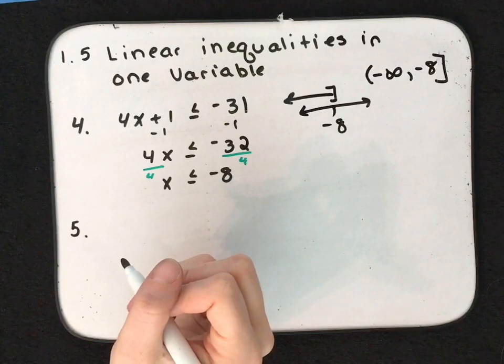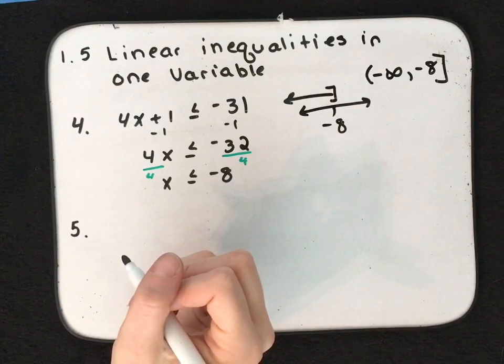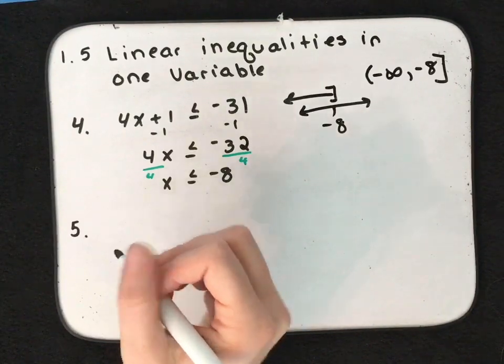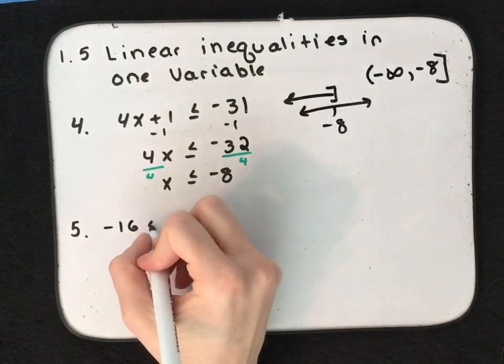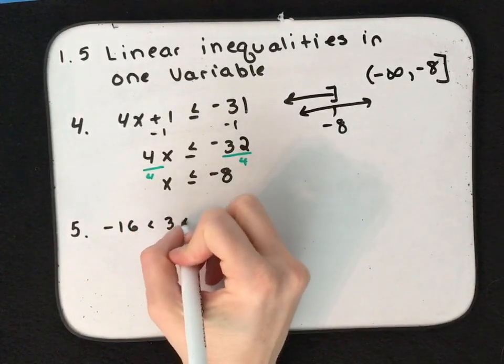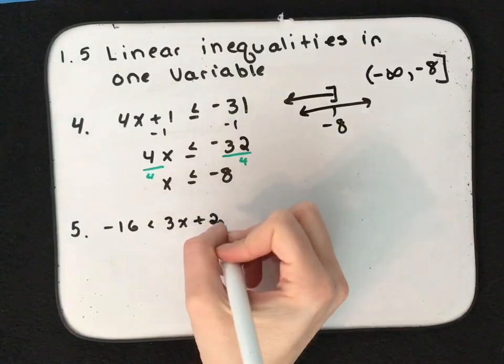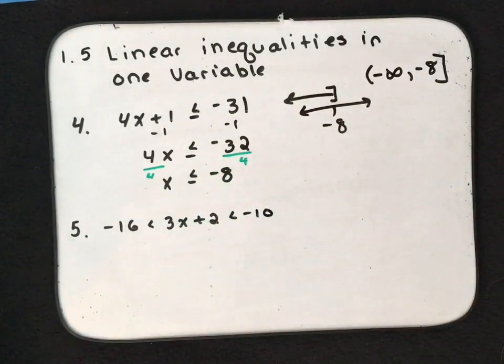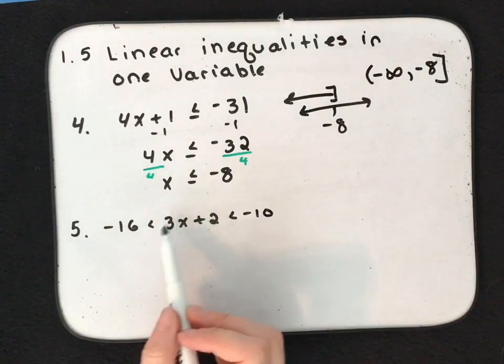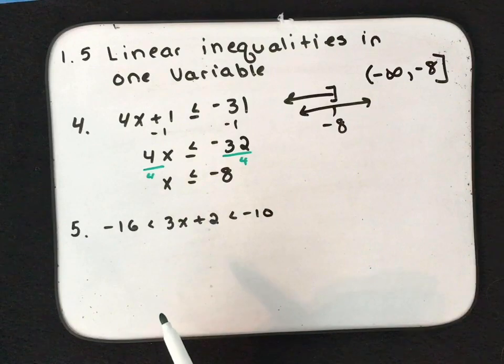Let's try number 5. So this one, we need to simplify from the center here. So whatever we do to the center, we have to do to all of the parts.